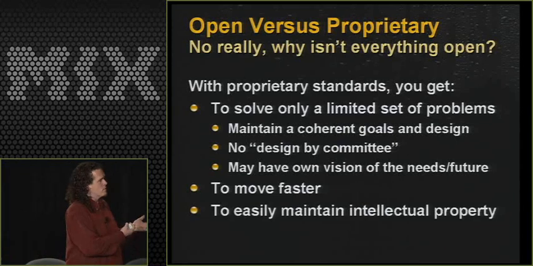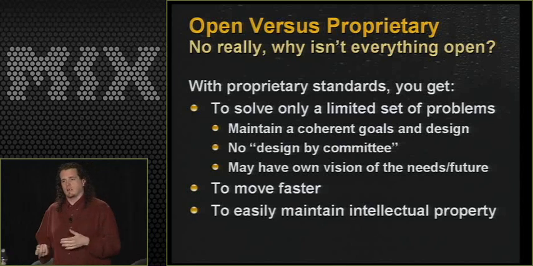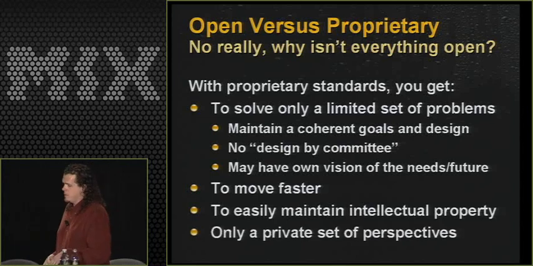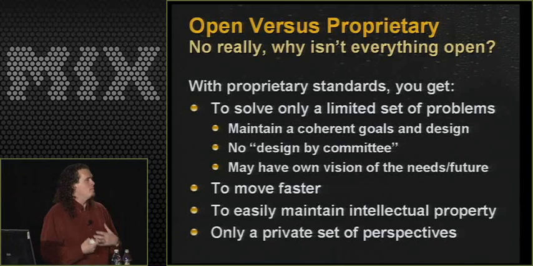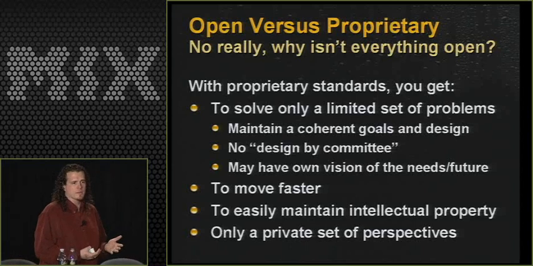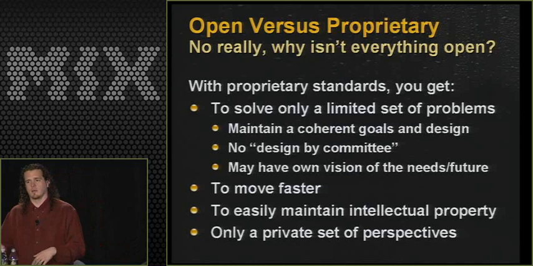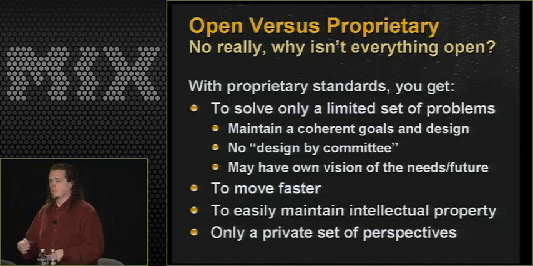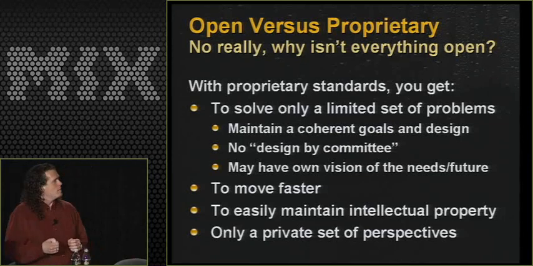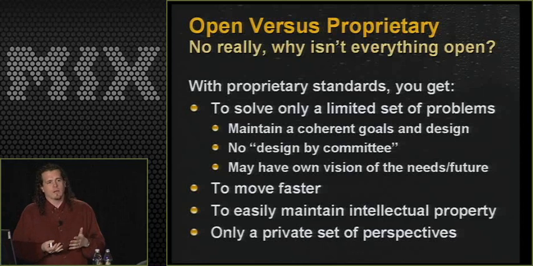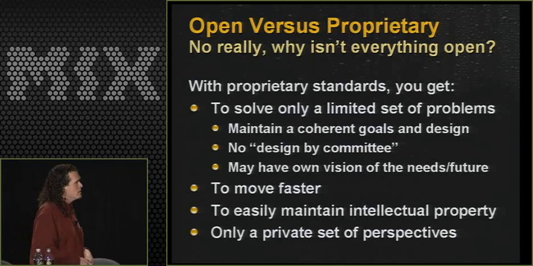And of course, for some people, it's a lot easier to maintain intellectual property in this way. But the downside, you only get a private set of perspectives. You only get one implementer, most likely, who's actually thinking about how you will actually implement it. You only get one set of goals as well. Like, you may not be thinking about what happens in a print manufacturer world or what happens in a mobile device world.